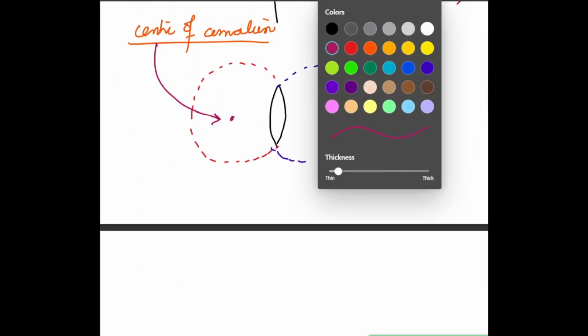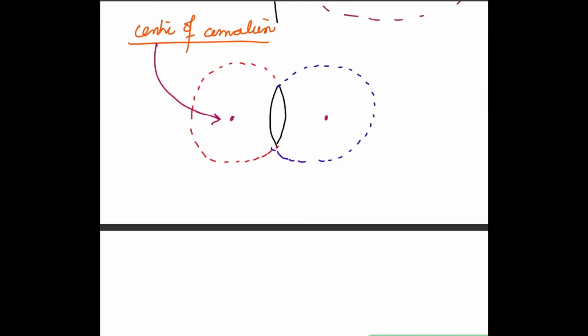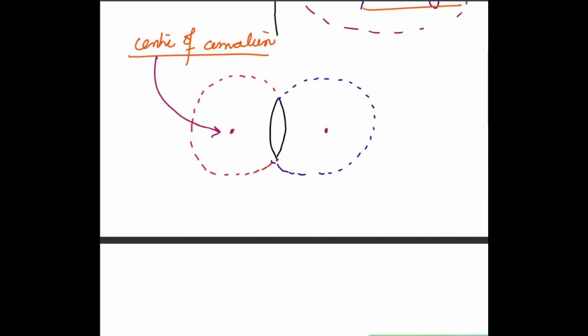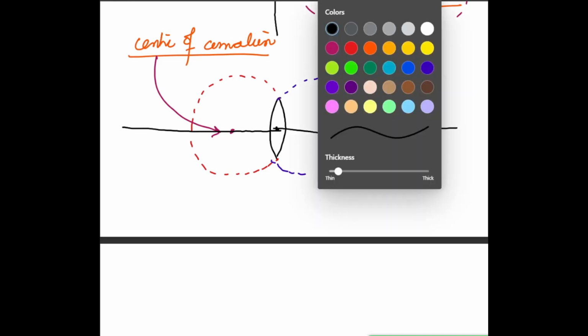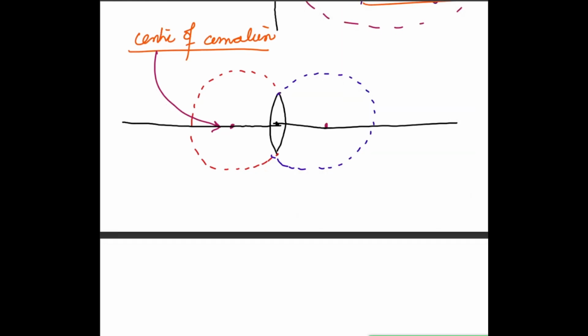So the principal axis is the imaginary line that crosses through the optical center, center of curvature, and then forward. And please be advised that the focal point and center of curvature are two different things. They are not the same. Okay?